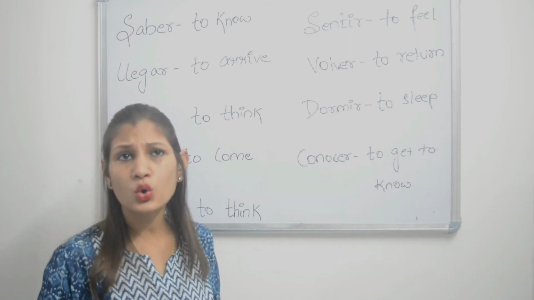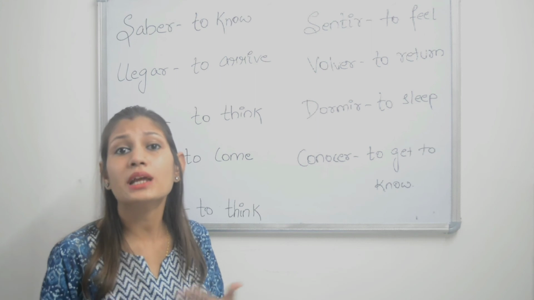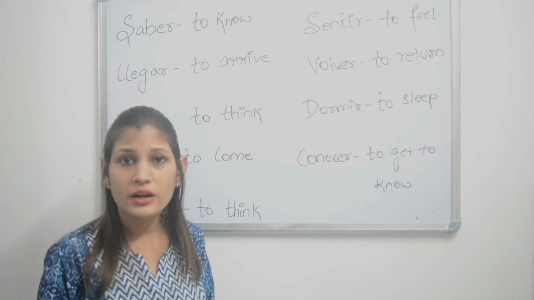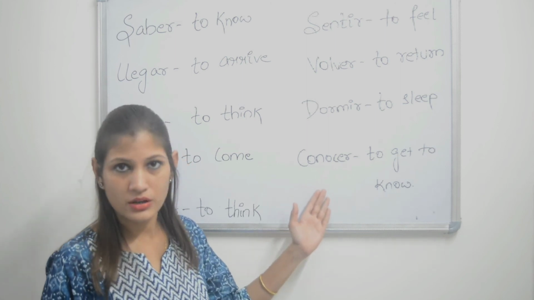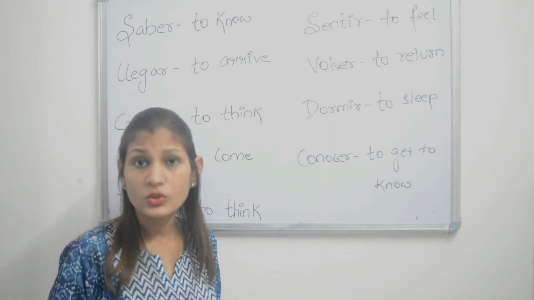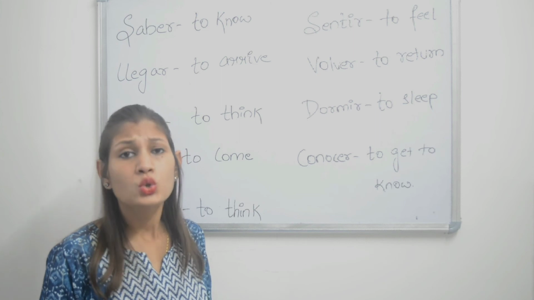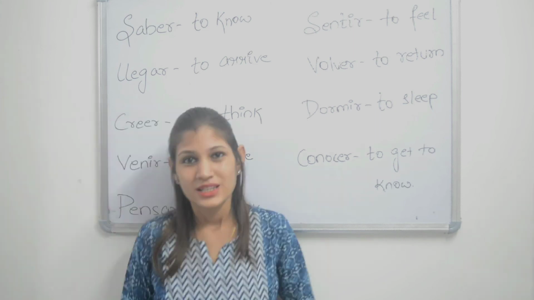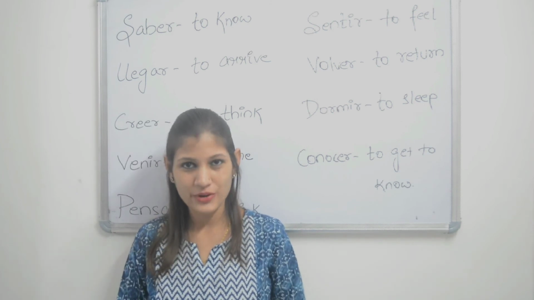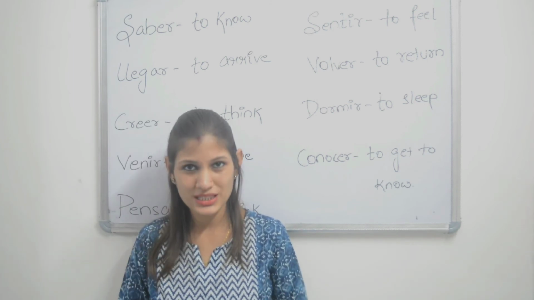Conocer. When you know a person, when you are acquainted with him or her, you use conocer. Yo conozco. Tú conoces. Tú conoces Maria. Sí, yo conozco. These are some important irregular verbs that we use in Spanish.